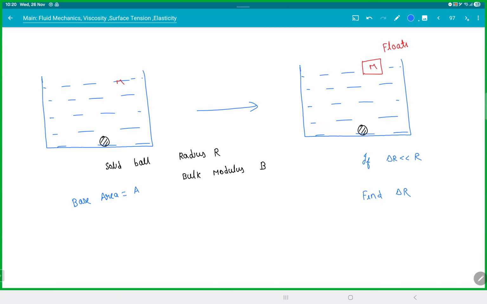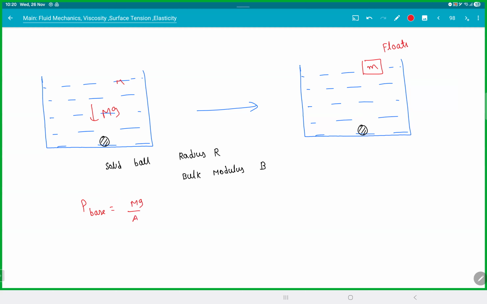When you drop the block inside, if you draw the FBD of the liquid, you will realize initially the liquid will have a weight of, let's say, capital Mg. Let the block be small m. Most people don't understand how the pressure increased. What is the pressure on the base? The weight of the liquid Mg by area.